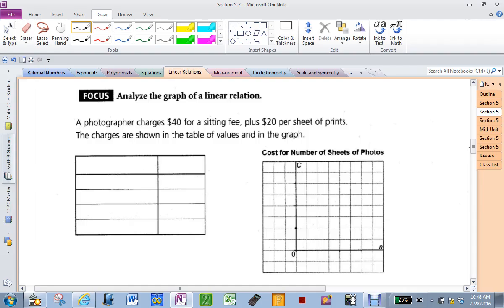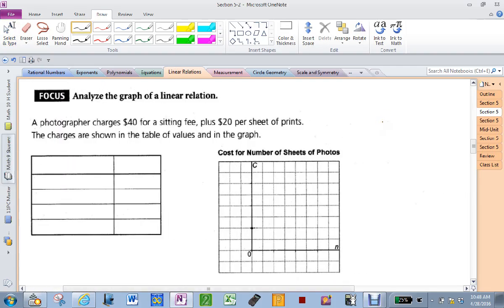All right? So first thing, what's the first thing we need to decide if we're going to graph this thing? We have to decide on variables, don't we? So it's not going to be X and Y because we know that we have sheets and money, right? So we've got to decide, exactly, cost and sheets. We got to decide which goes where, so we need the IV and the DV.